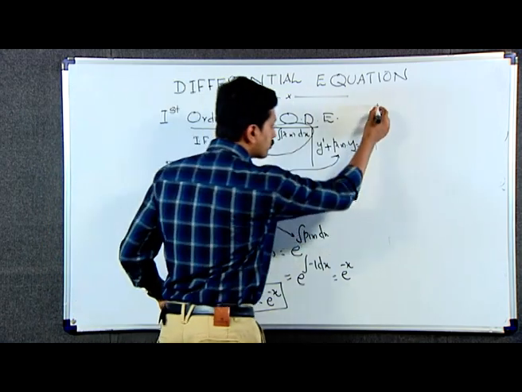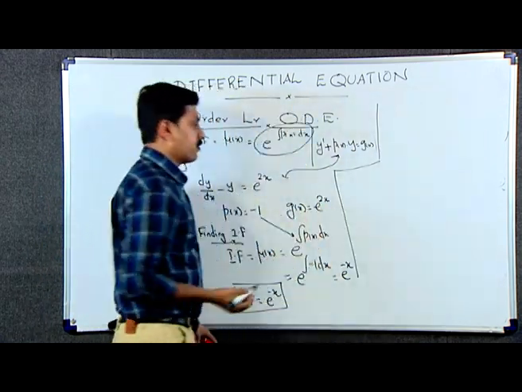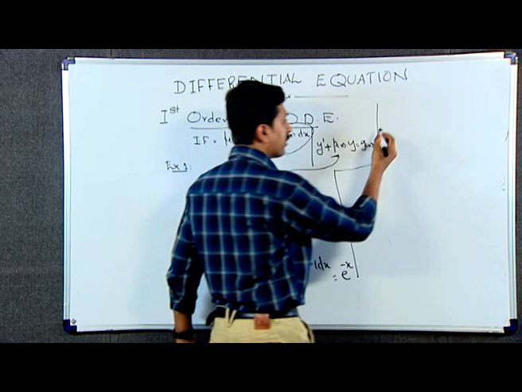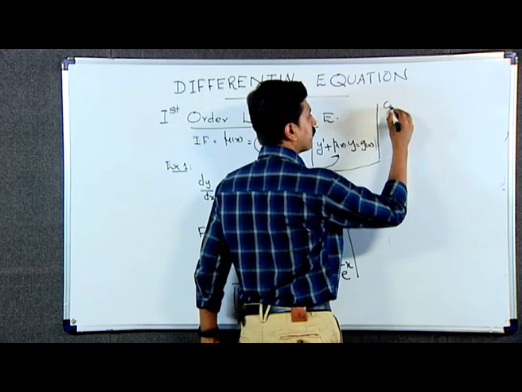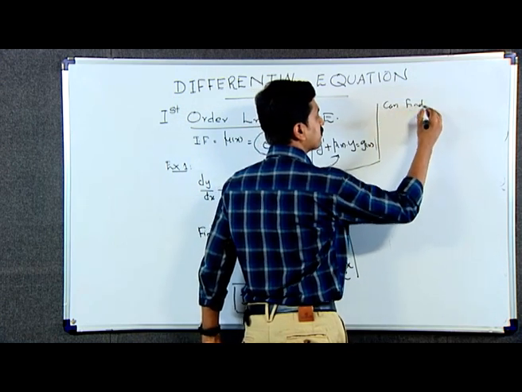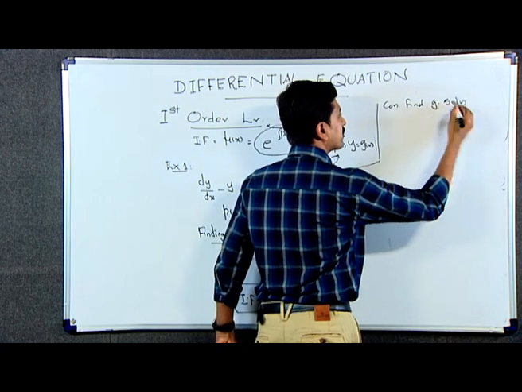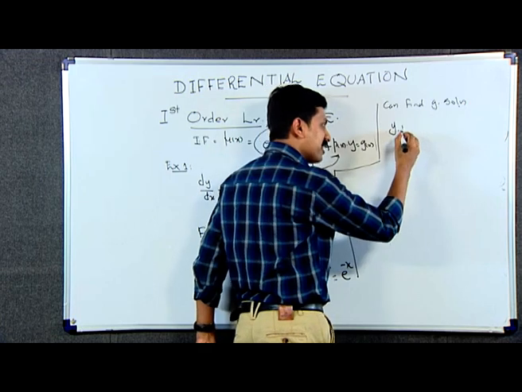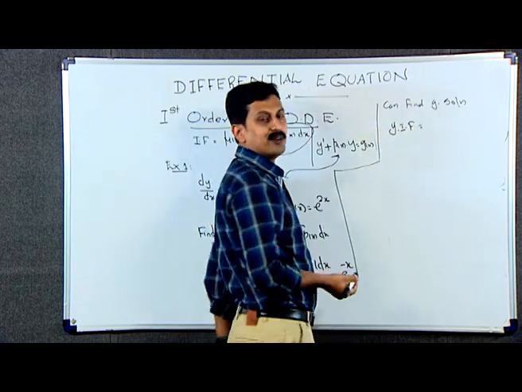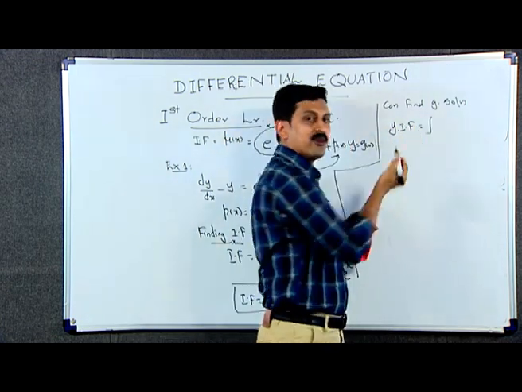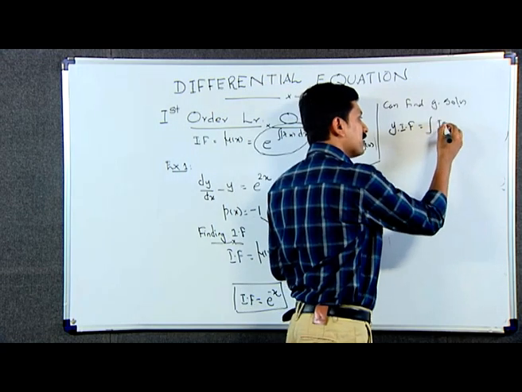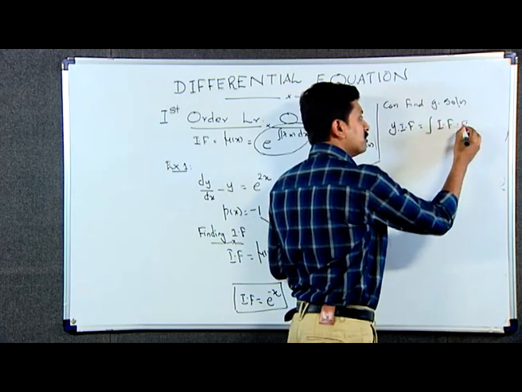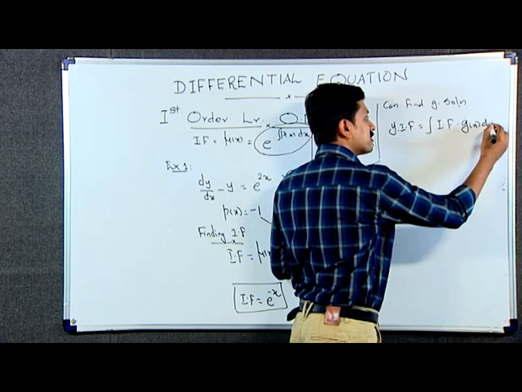Now we can move to our formula. What is our formula? We can find the general solution by using the formula y into integrating factor is equal to integral of integrating factor into g of x dx plus c.